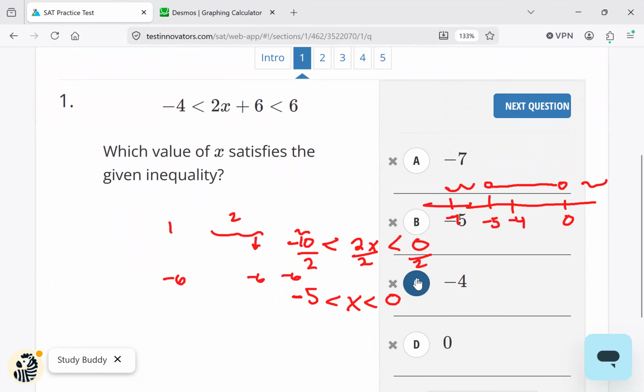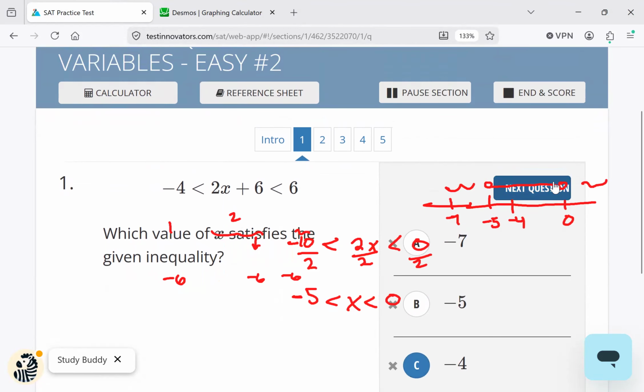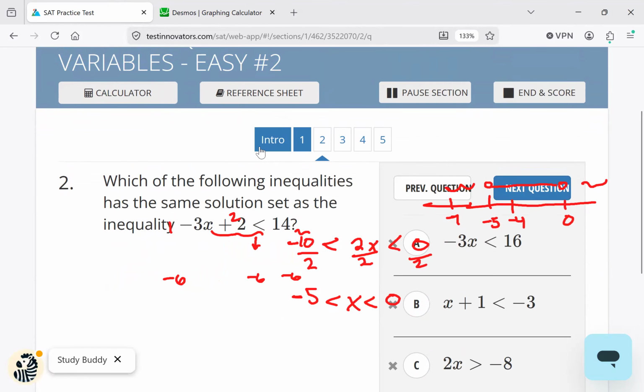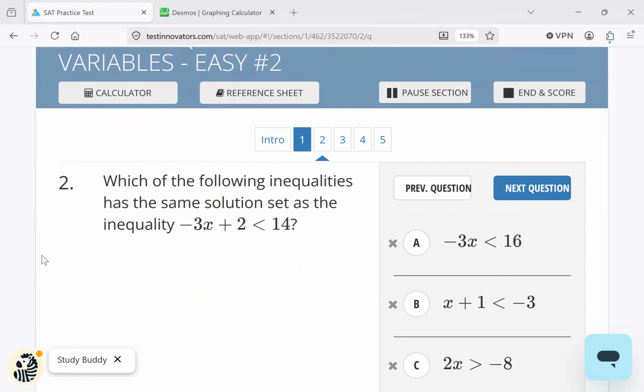So let's see. Question two, which of the following inequalities has the same solution set as the inequality? So let's just go ahead and try solving for x. I'm going to subtract 2 from both sides.